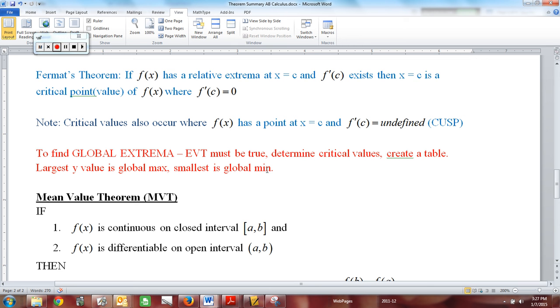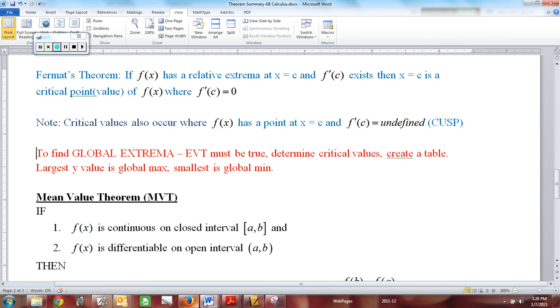Once you know you have global maxes and mins, you determine your critical values, which are values where the derivative of that continuous function is 0 or undefined. Then you create a table, and in that table you include the endpoints and the critical values, and calculate your y values. The largest y is the max, the smallest is the min.